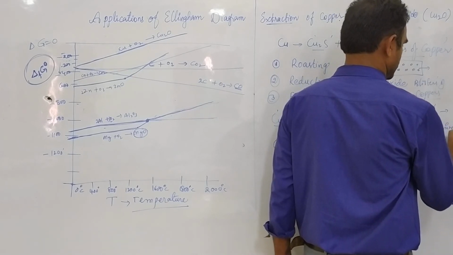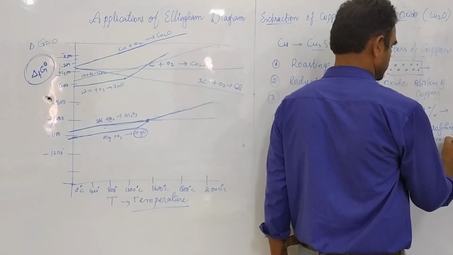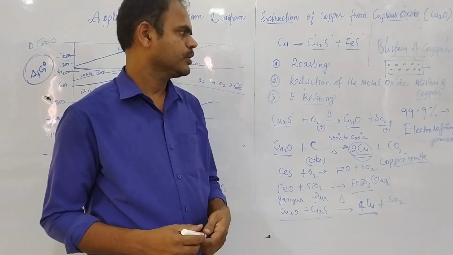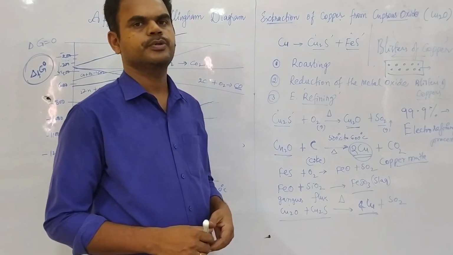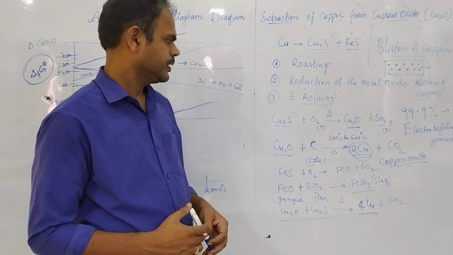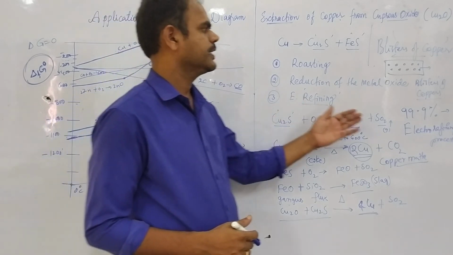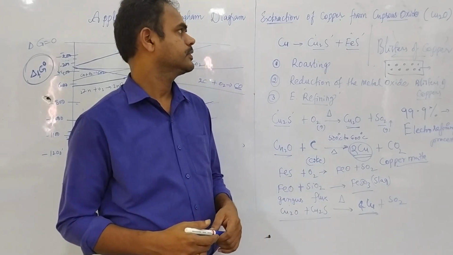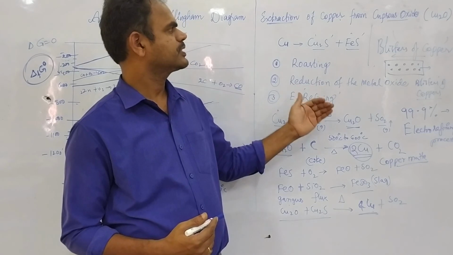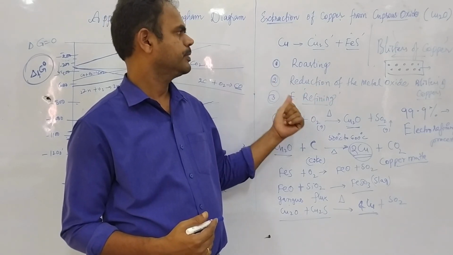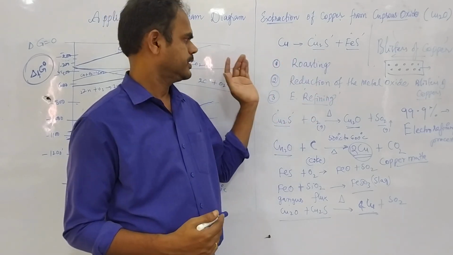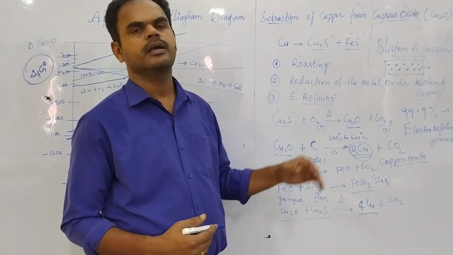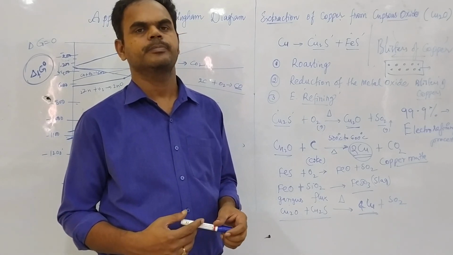By using the electrolytic refining process, we can get 99.9% pure copper. So in the extraction of pure copper from copper sulfide, there are three stages: roasting, reduction of the metal oxide, and then the electrolytic refining process.